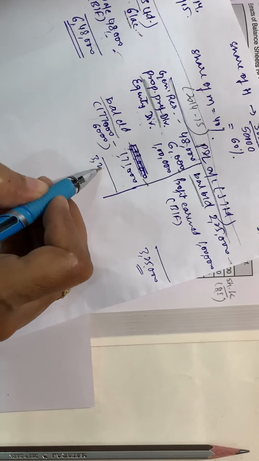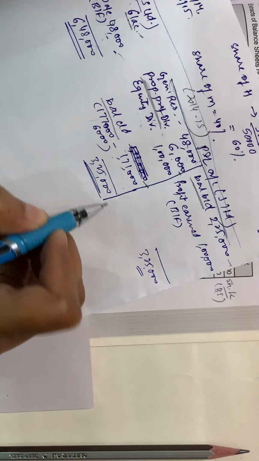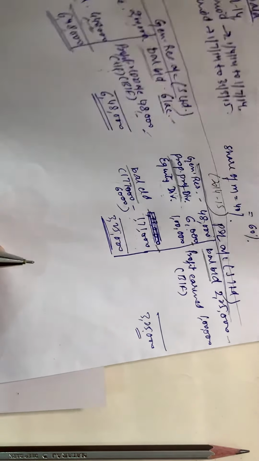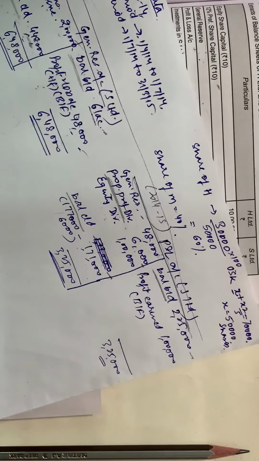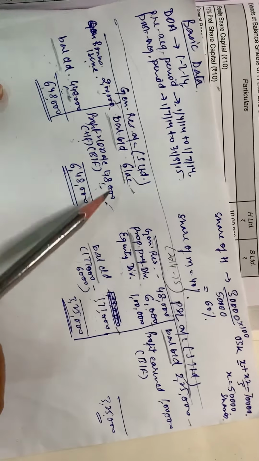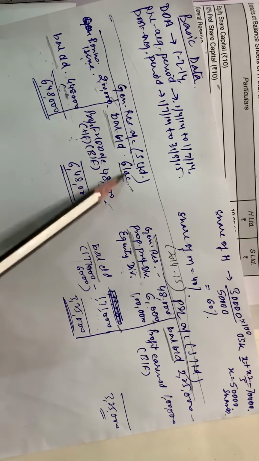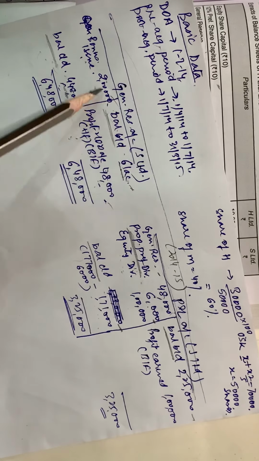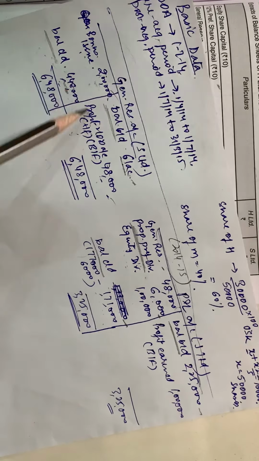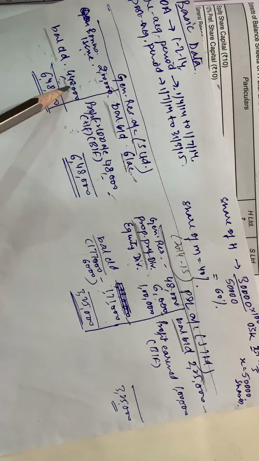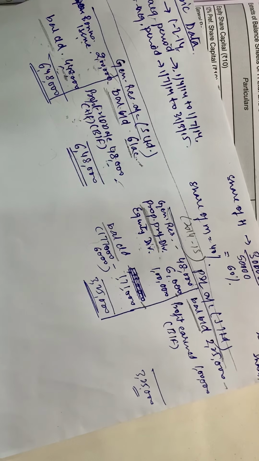So please understand this basic idea that whatever balances you are given, these balances are given after adjusting other items which were included, debited or credited to this particular account.